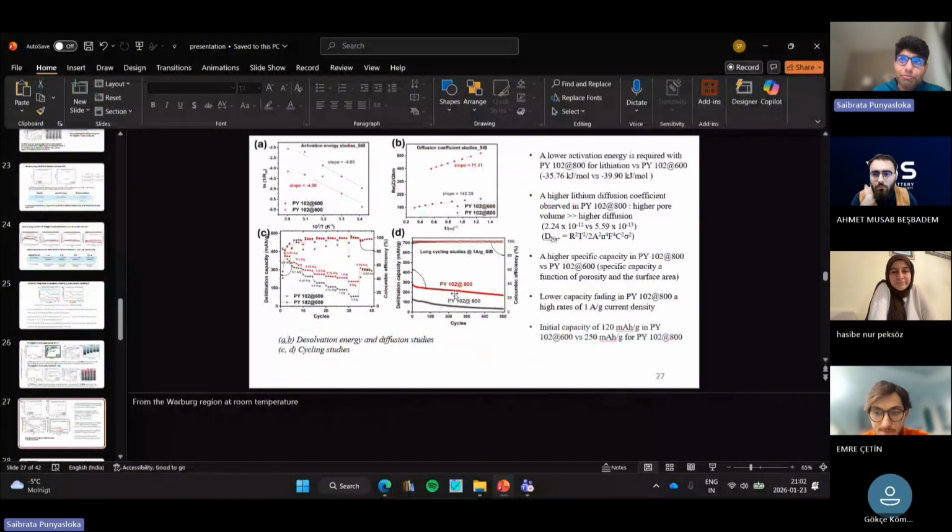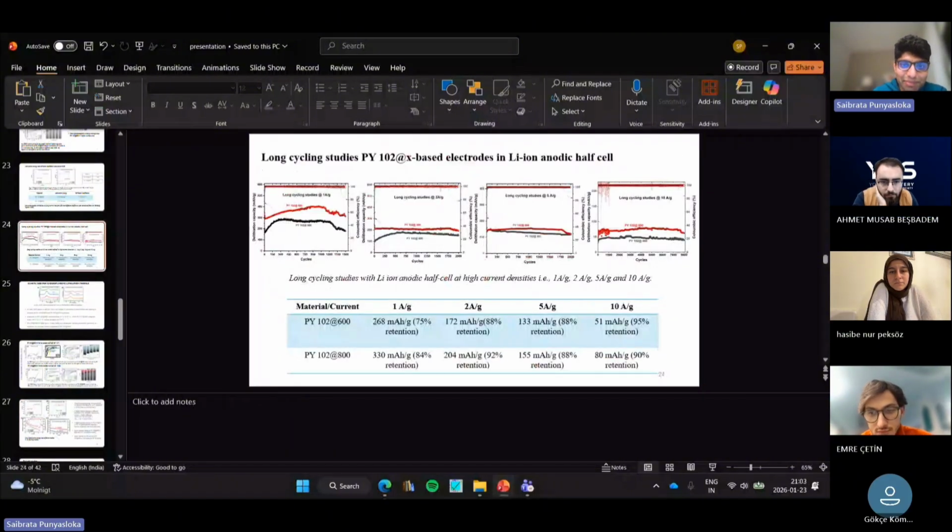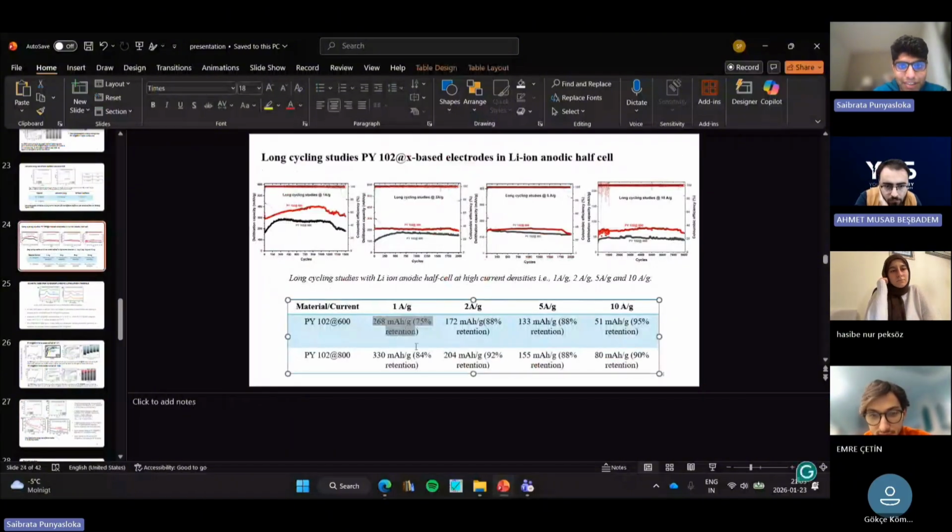Even with 800, at 1 ampere per gram, the capacity is around 300. It decreases because the material keeps cracking. Sodium ion is bigger, so we need an even higher pore size. But in this system, at 1 ampere per gram, the retention is quite a bit better.